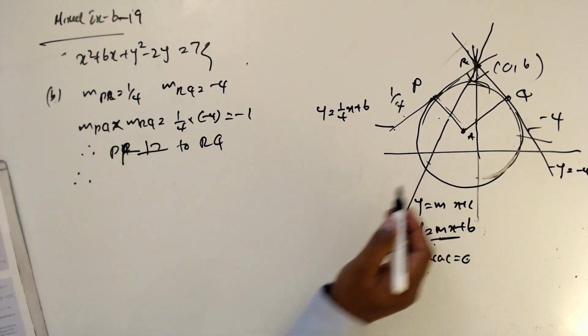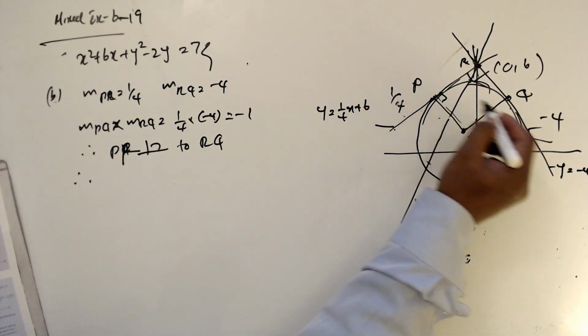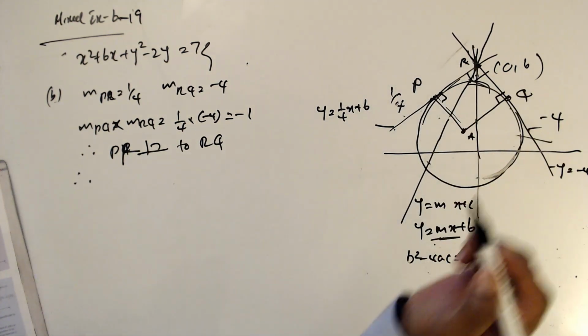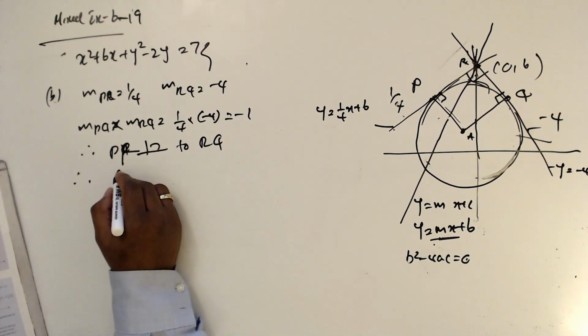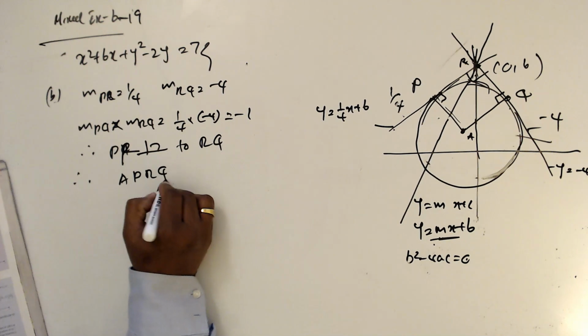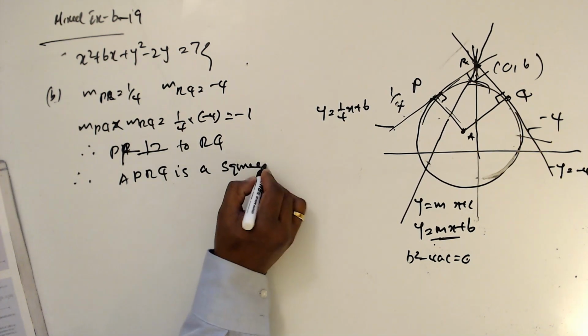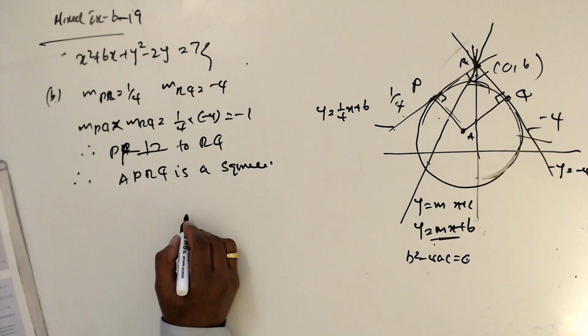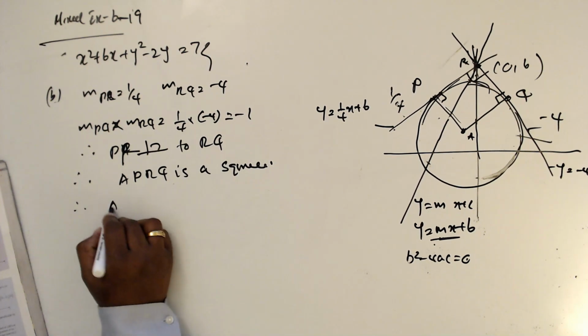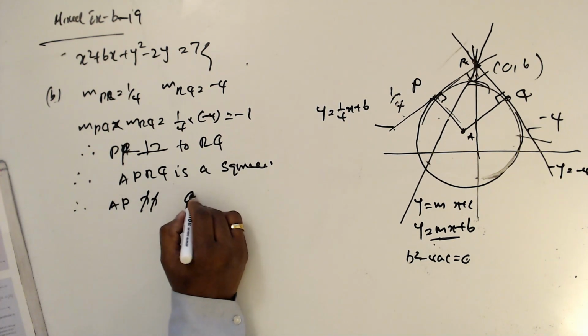Hence, this is 90 degrees, this is 90 degrees, this is 90 degrees. Hence, APRQ is a square. Hence, AP is parallel to QR.